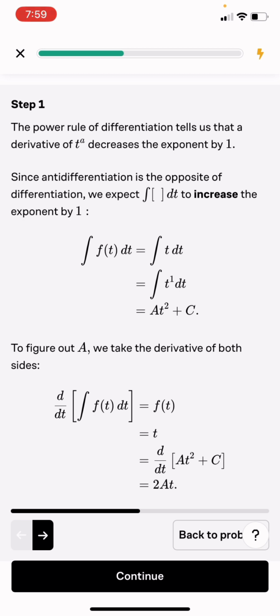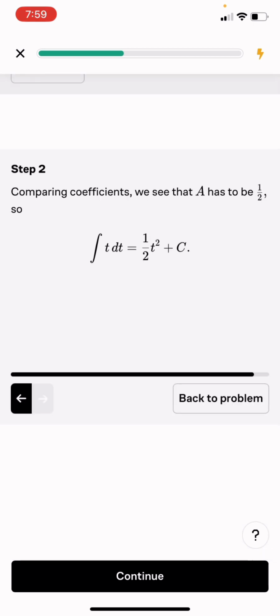And then, let me read this. Comparing coefficients, we see that a has to be 1 over 2, so this equals this. It's in this equation. Sorry if I'm reading too fast. I'm just rushing through. I usually get a little faster when I'm almost done with this just because it feels so long.